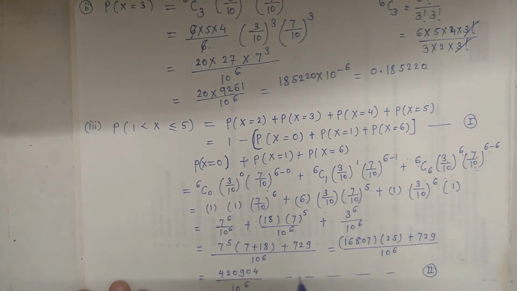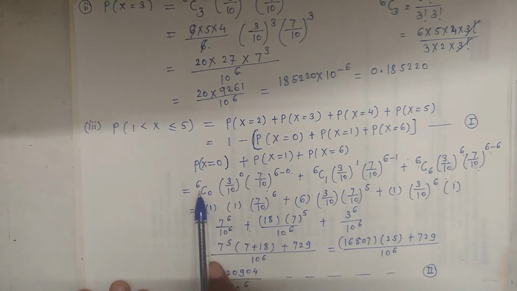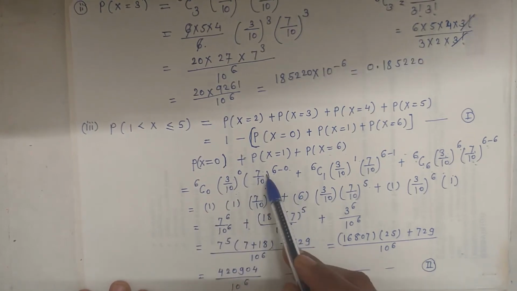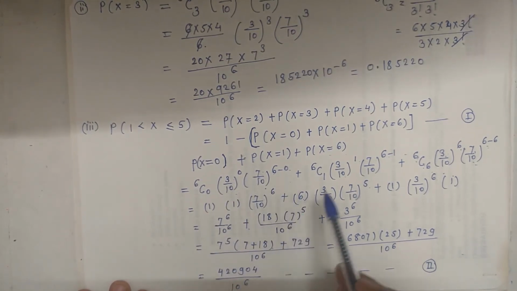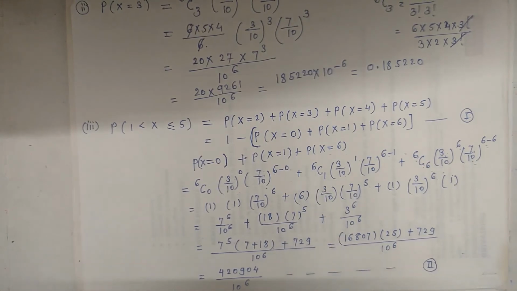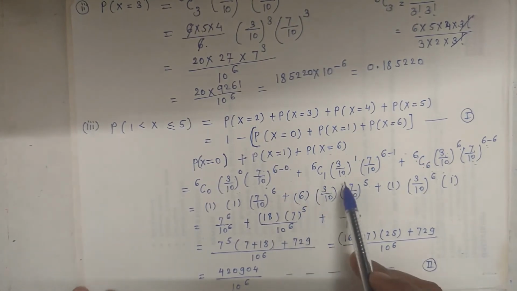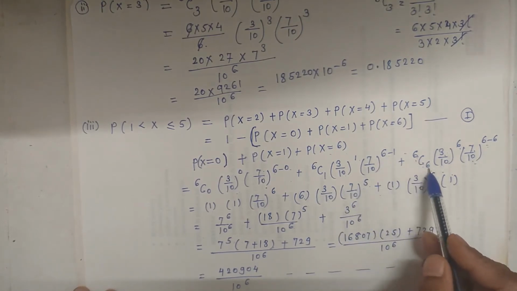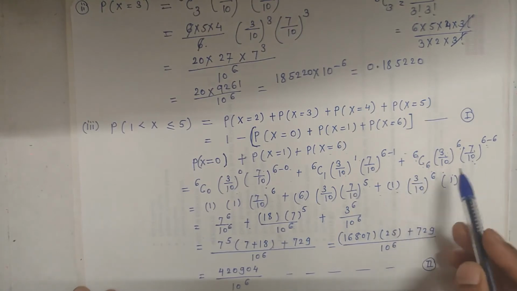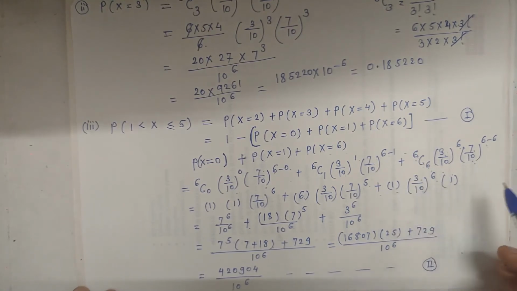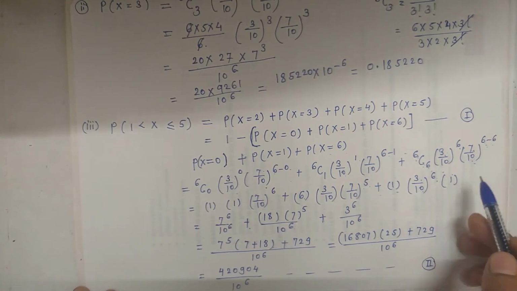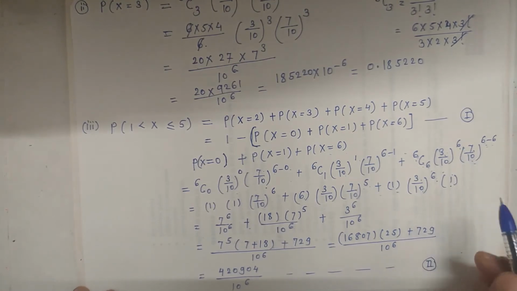Now calculating this, the value of 6C0 is 1, (3/10) raised to 0 is 1, (7/10) raised to 6, plus 6C1, the value of 6C1 is 6, (3/10) raised to 1, (7/10) raised to 6 minus 1 which is 5, plus 6C6 is equal to 1, (3/10) raised to 6 as it is, and (7/10) raised to 6 minus 6, that is 0, equal to 1.